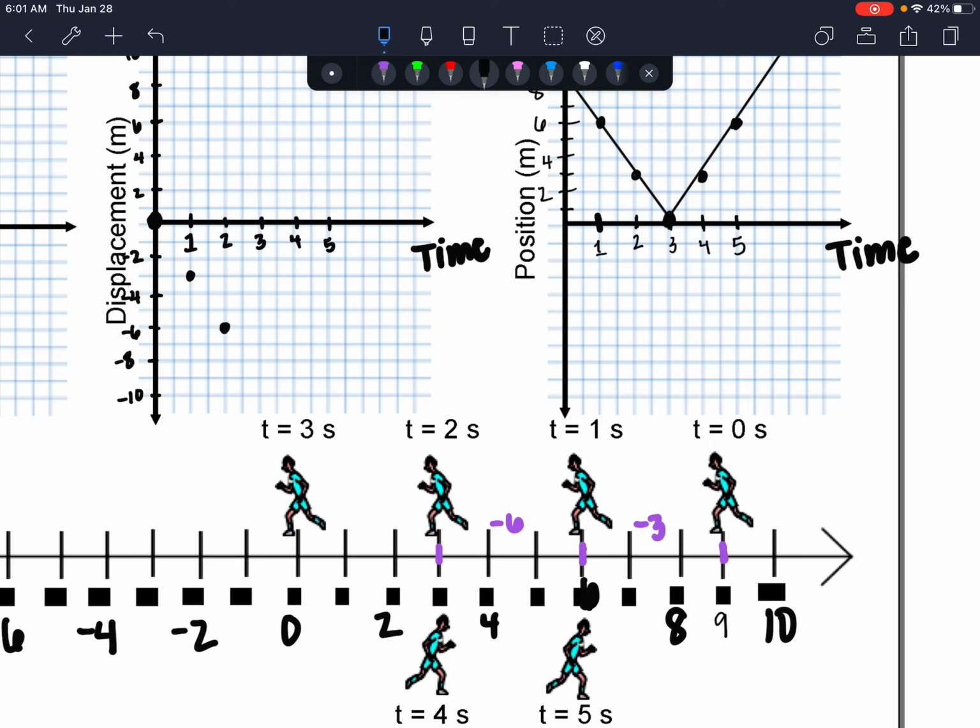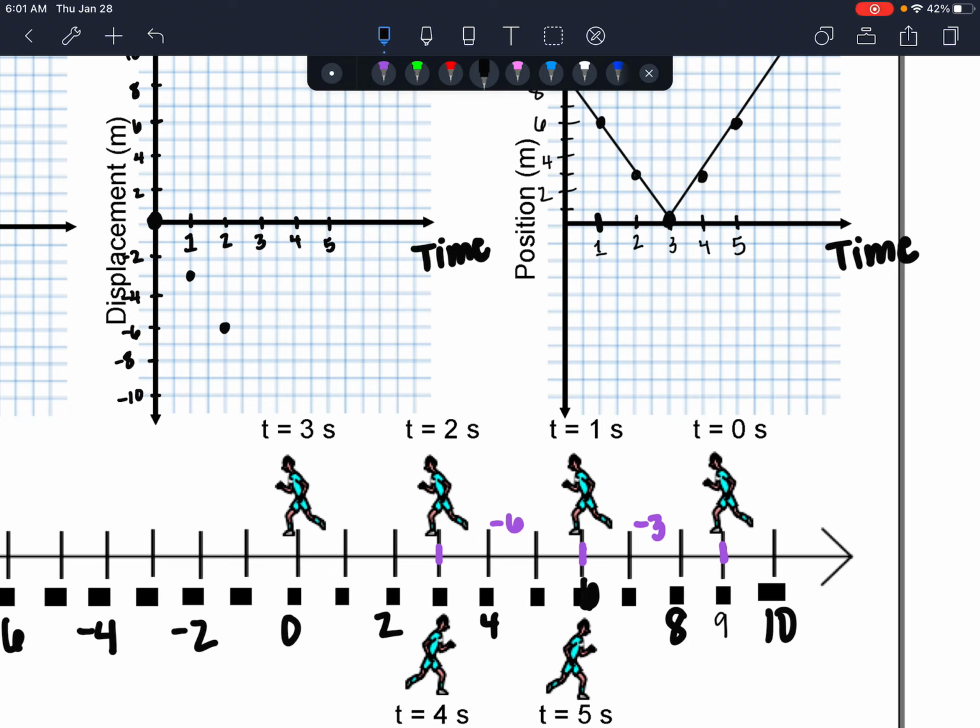Unless my displacement is between time 1 and time 2. I'm not sure now. Is that displacement measuring between time intervals, like between 0 and 1 seconds and then between 1 and 2 seconds? Or is it all the displacement from my position at 0 seconds? It's a bit ambiguous, right?